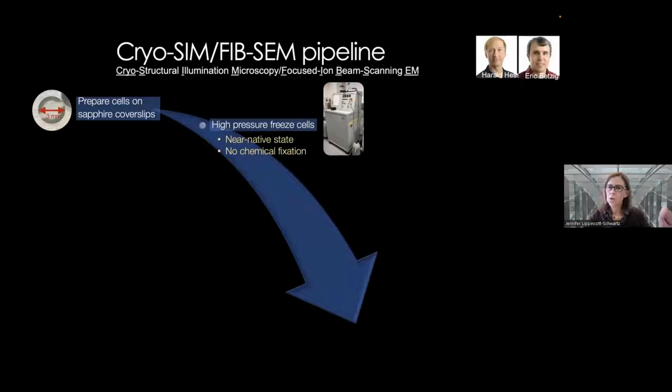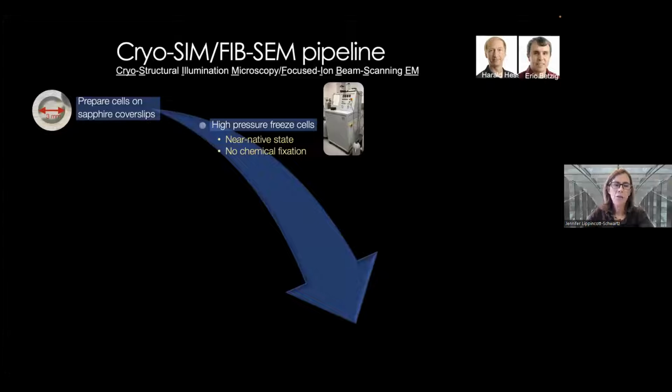This is an important step because unlike the typical transmission EM approaches that people use to look at cells, which use chemical fixatives, there's no chemical fixation. Basically, cells are very rapidly frozen in their near native state, and they are kept there throughout this whole process.